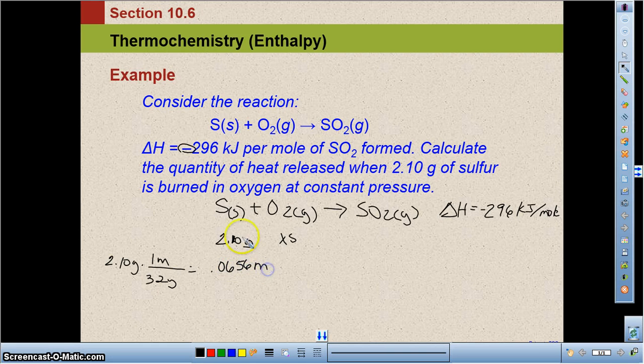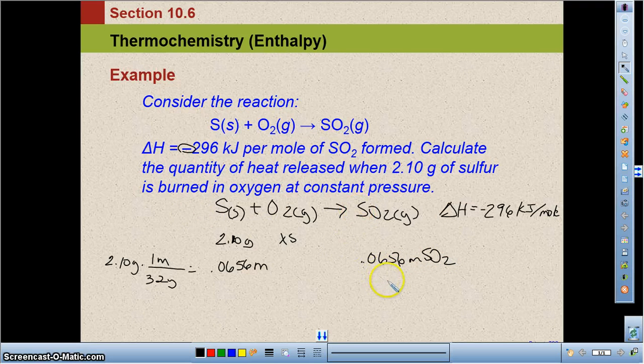0.0656 moles of sulfur. So if this were 1 mole of sulfur, I would produce 1 mole of sulfur dioxide and give off 296 kilojoules. But I don't have that. I have 0.0656 moles of sulfur, which is going to, because it's a 1-to-1 ratio, produce 0.0656 moles of sulfur dioxide, and that's all because it's a 1-to-1 ratio.